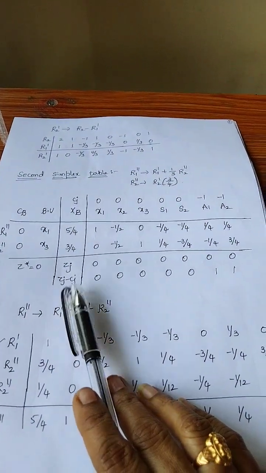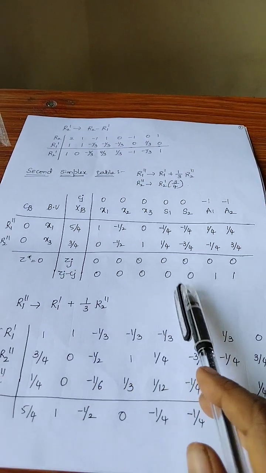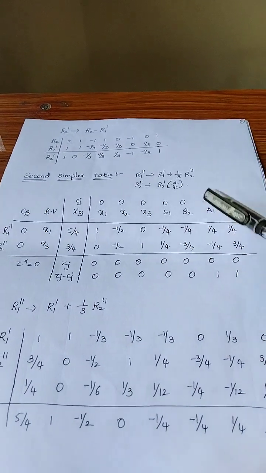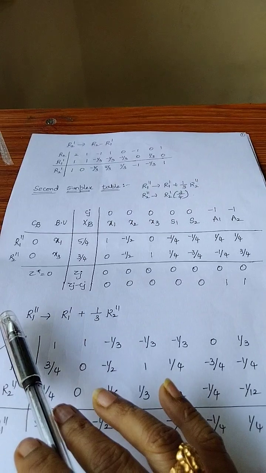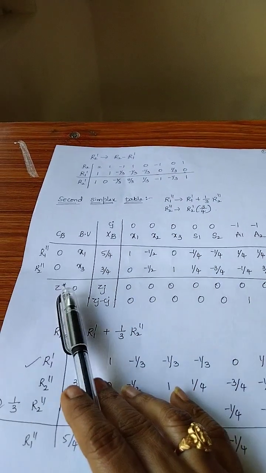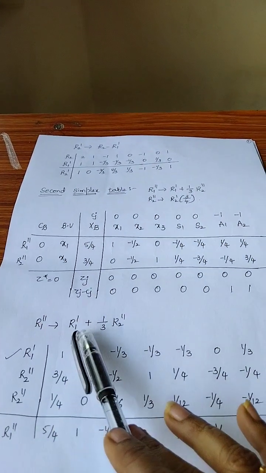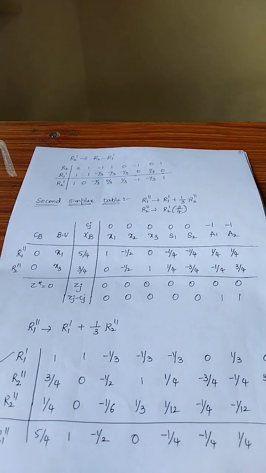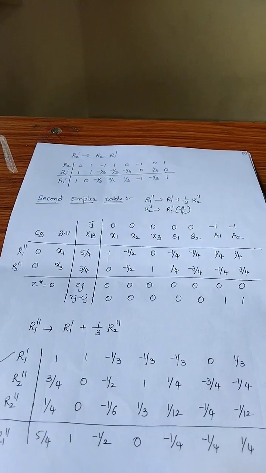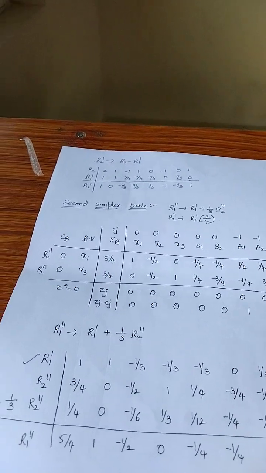And Zj minus Cj, all these values are 0, and 0 minus of minus 1 plus 1. So here the Z star has become 0 and the optimality condition has been satisfied. So we are going to end phase 1 here.